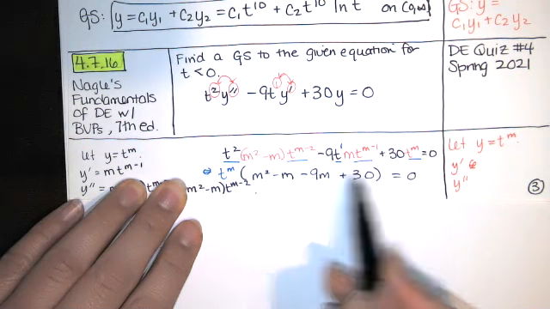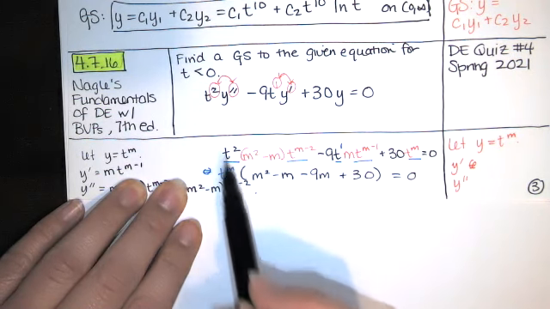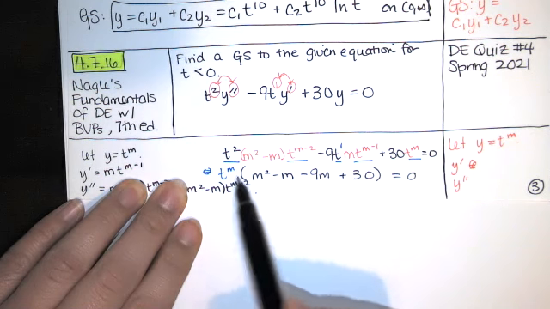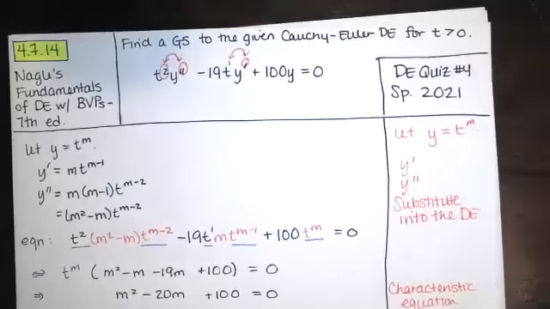And we're saying this times this equals 0, but t is strictly less than 0. So this is never 0, so that means our polynomial must be 0. So we must have m squared minus 10m plus 30 equals 0.